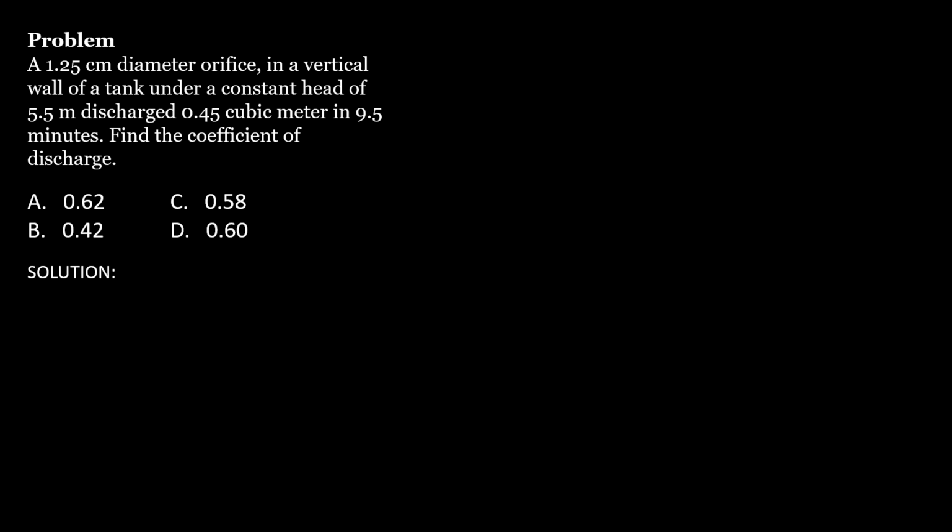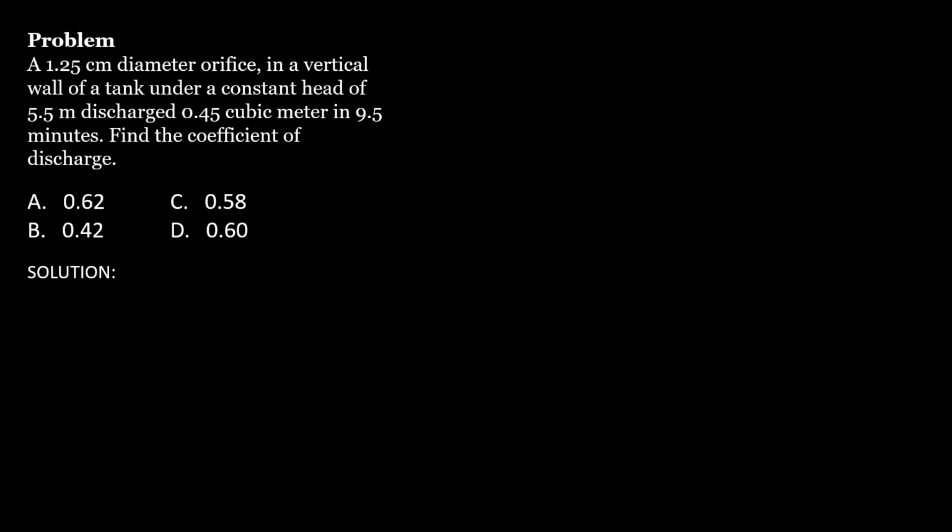Now, in order to solve this given problem, in order to calculate the coefficient of discharge, we have to calculate first the theoretical discharge followed by the actual discharge. So meaning, we have 3 steps. First, we calculate the value of the theoretical discharge.